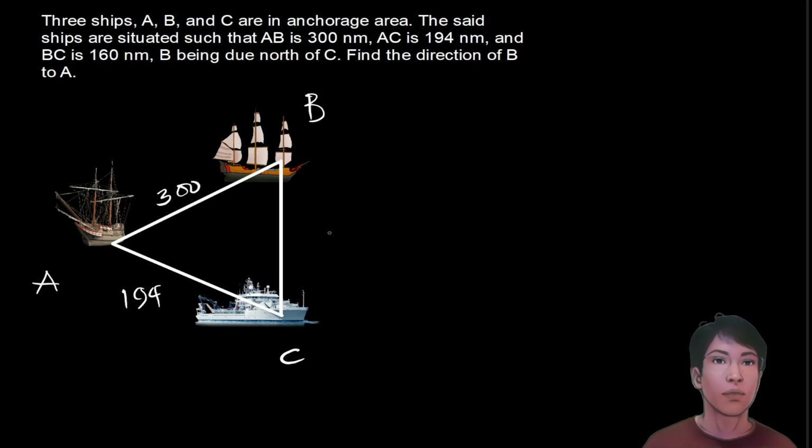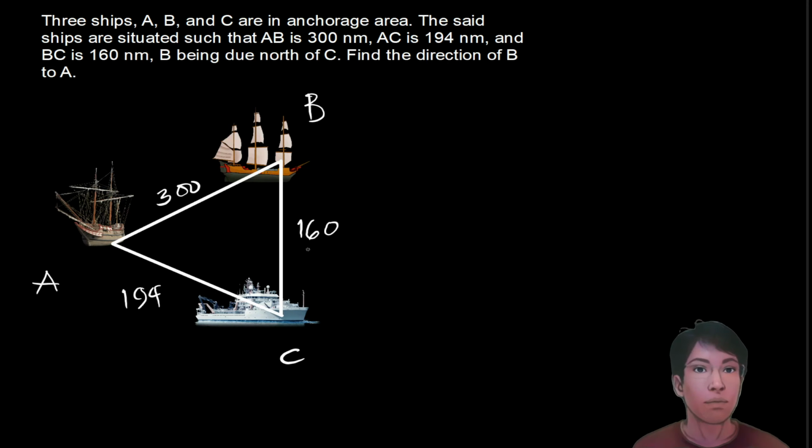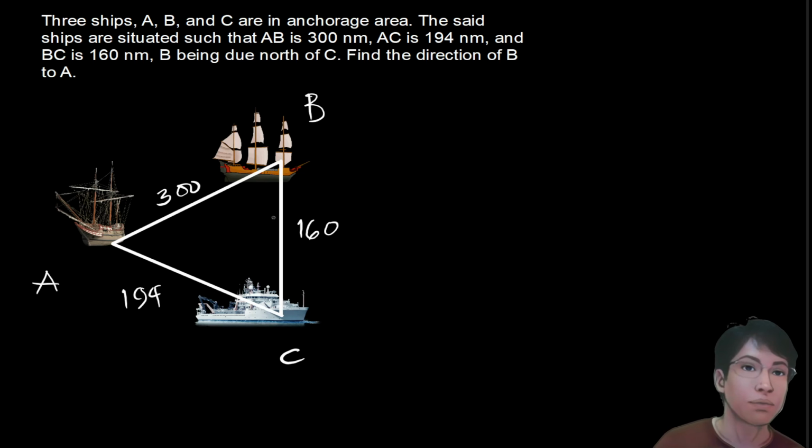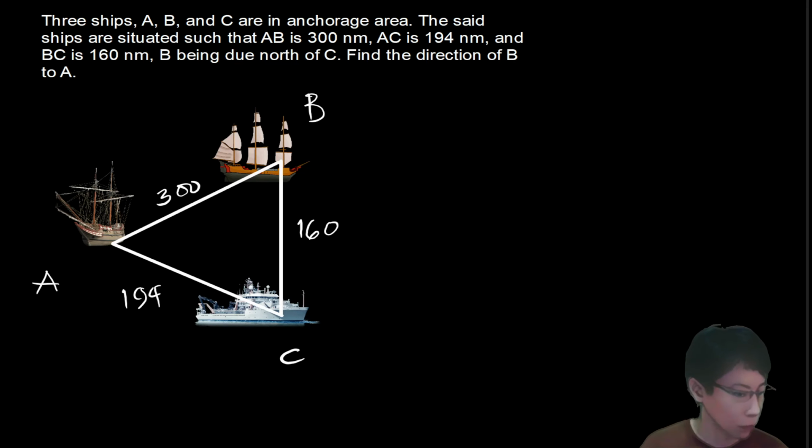And then BC is 160 nautical miles. So to solve for the angle, or for the direction, what is the direction of B to A?